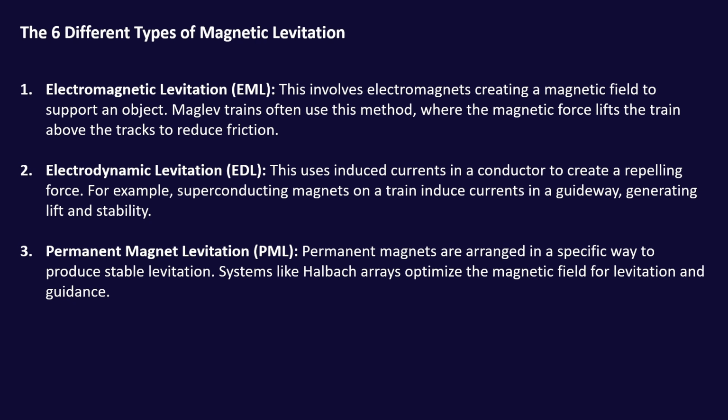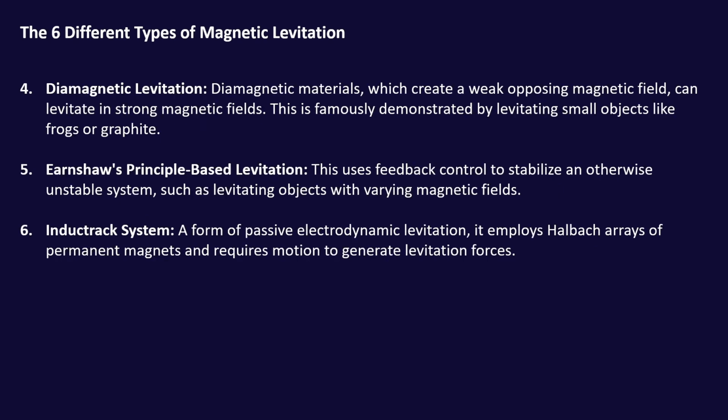3. Permanent magnet levitation, PML. Permanent magnets are arranged in a specific way to produce stable levitation. Systems like Halbach arrays optimize the magnetic field for levitation and guidance. 4. Diamagnetic levitation. Diamagnetic materials, which create a weak opposing magnetic field, can levitate in strong magnetic fields.